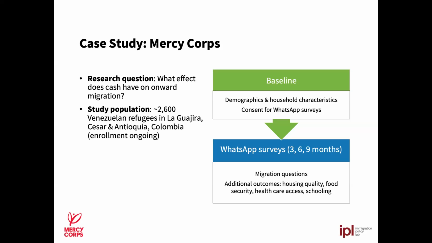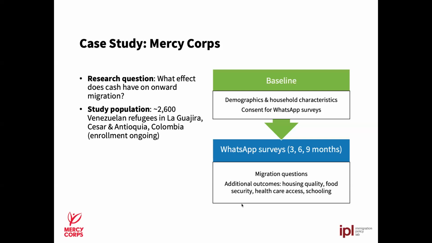Of course, when the COVID-19 situation emerged, we thought it would be useful to shift our focus and not just look at migration and mobility, but also look at a broader set of outcomes related to what we at Mercy Corps call resilience. So things that encompass employment, income, access to health and quality housing, things like that.